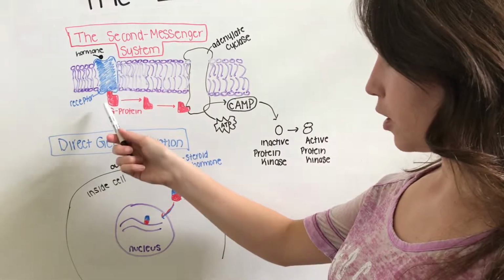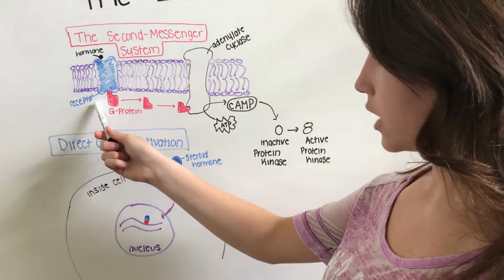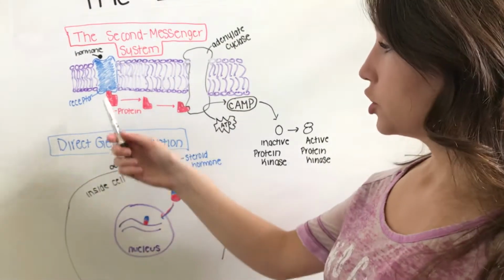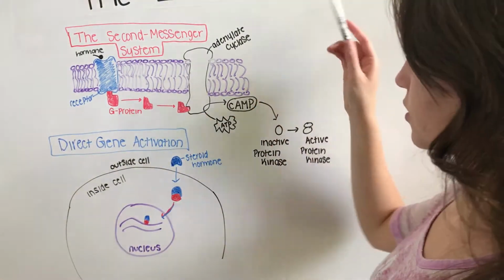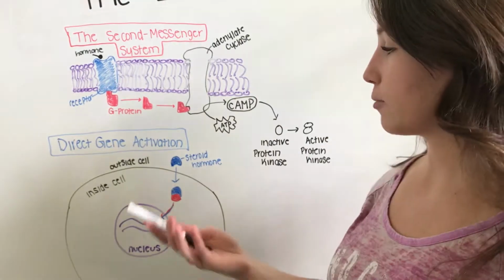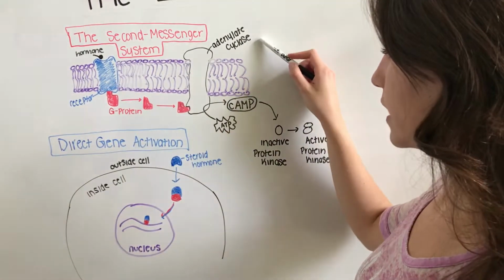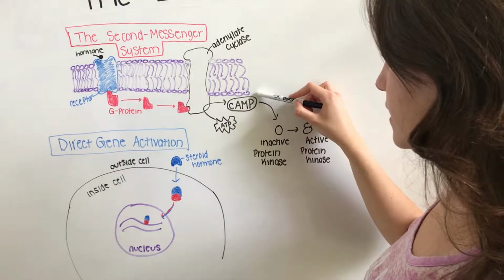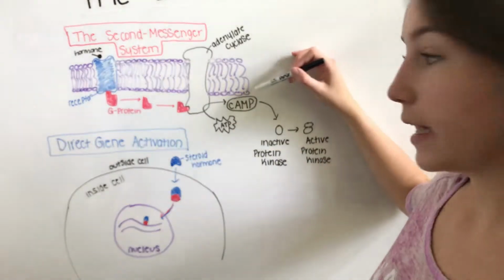And then the G protein, which is down here, and now we're inside the cell, relays this signal and acts as a signal transducer to relay the signal to adenylate cyclase. This can either stimulate or inhibit cAMP production. If it stimulates cAMP production, adenylate cyclase is going to make cAMP from ATP. cAMP is very similar to ATP, except it has 1 phosphate instead of 3.